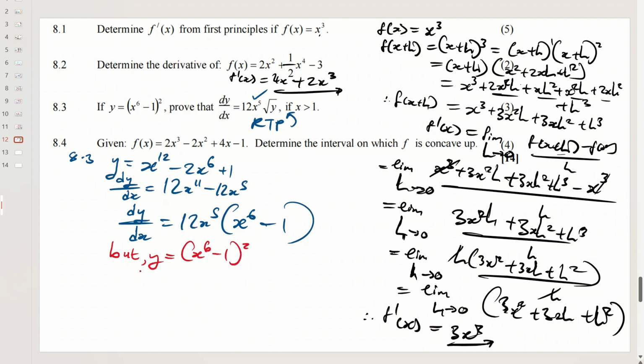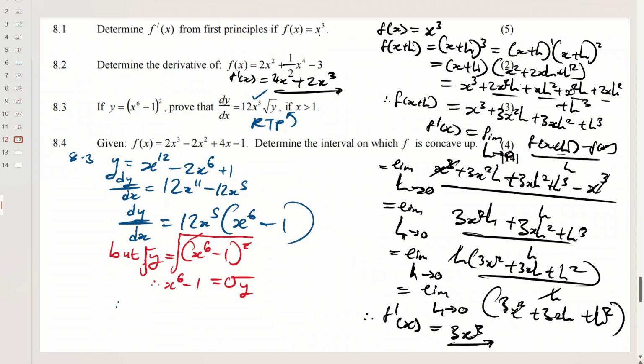Now, if we take the square root of both sides, the 2 and the radical sign cancel each other. Therefore, this tells you now the x to the 6 minus 1 is the same as the square root of y. So this part here is the square root of y. Understand?